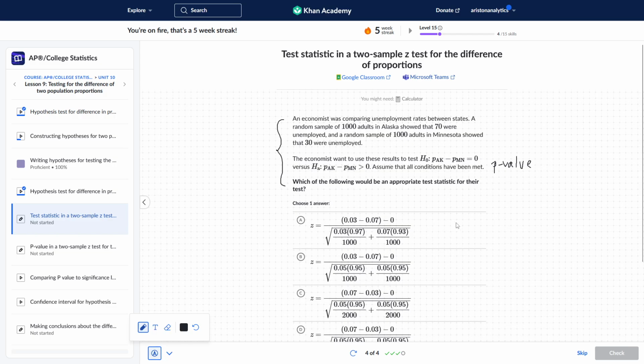And in this case, we are assuming that the null hypothesis is true. So we're living in this world where it's true.